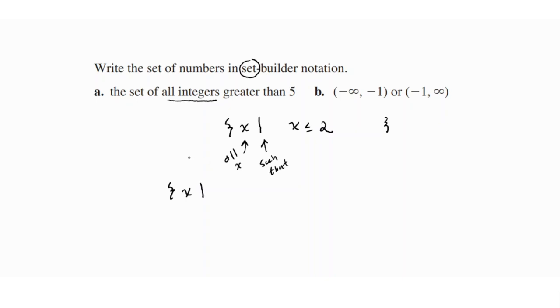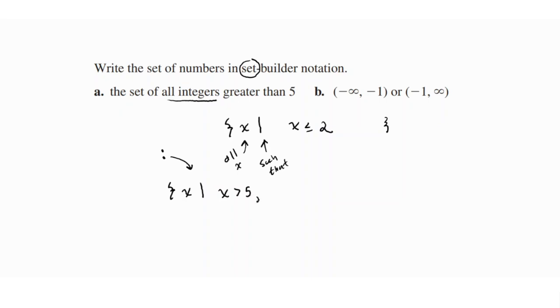One thing you can also do is use a colon instead of a vertical line to represent such that. That's an alternative way to do it. Then we would say we want x greater than 5. But if we ended the set there, this would be considered every value x greater than 5, but we want the subset of that. We just want the integers.